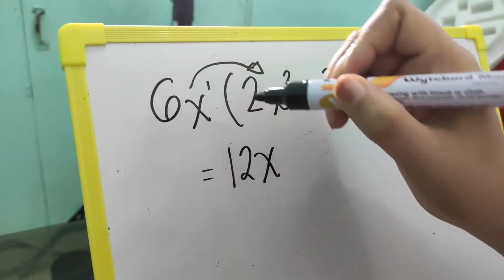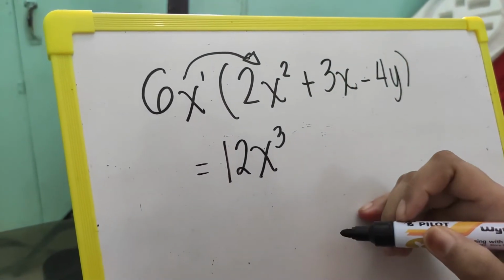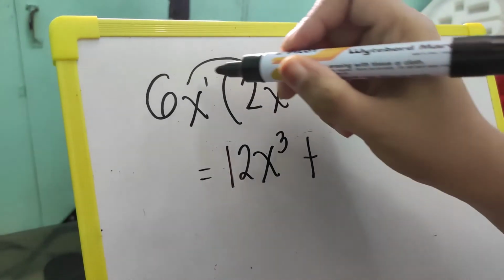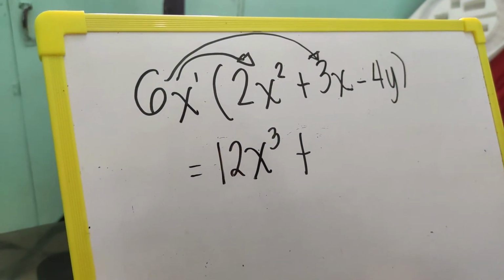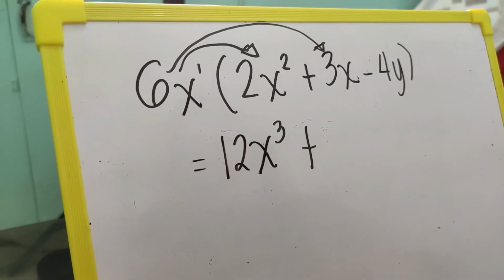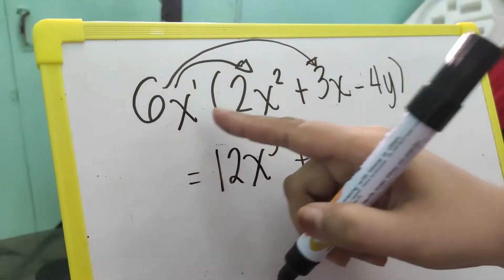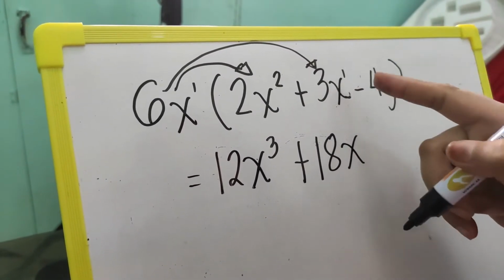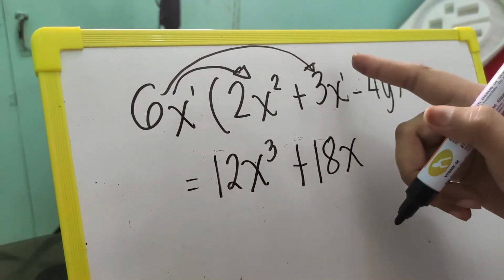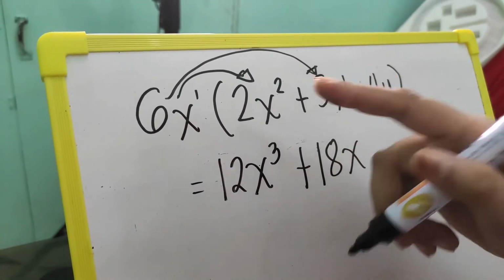We have here one exponent, so we have to add the exponents, and that's 3. Then, let's also distribute here. Multiply 6x times 3x, and 6 times 3 is 18. x times x is x. We have here 1 and here 1. All you have to do is to add their exponents. So 1 plus 1 is 2.